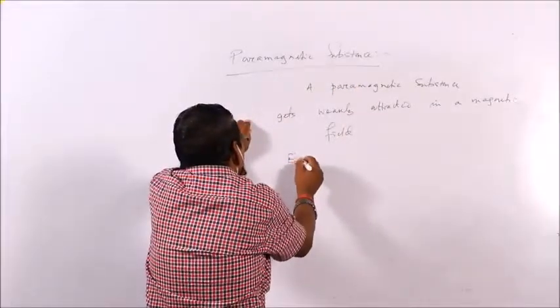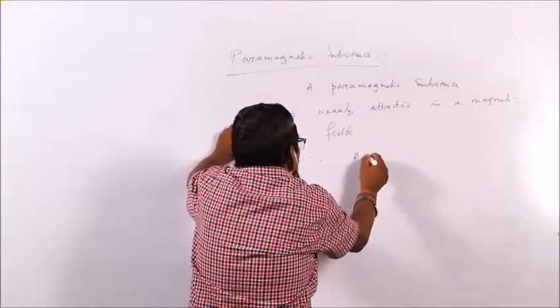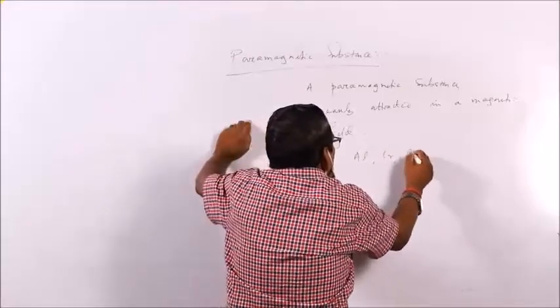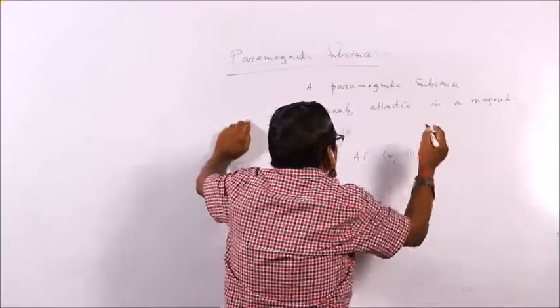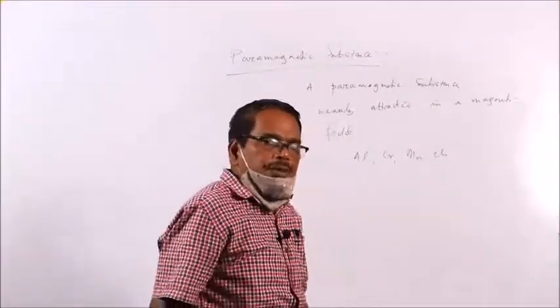Examples: aluminium, chromium, manganese, etc. are examples of paramagnetic substance.